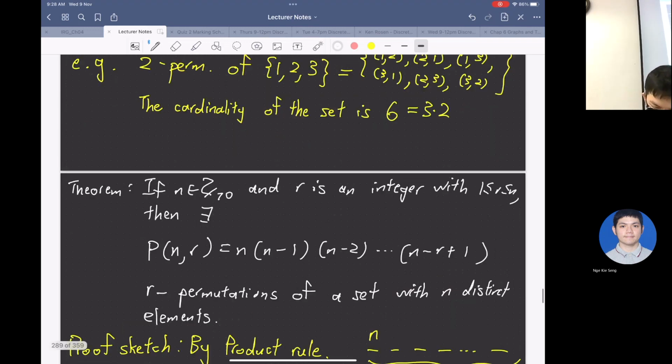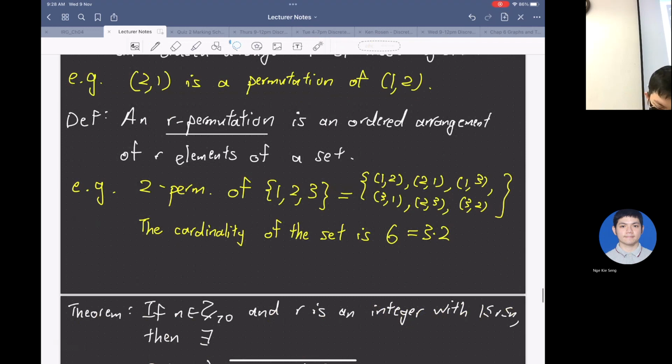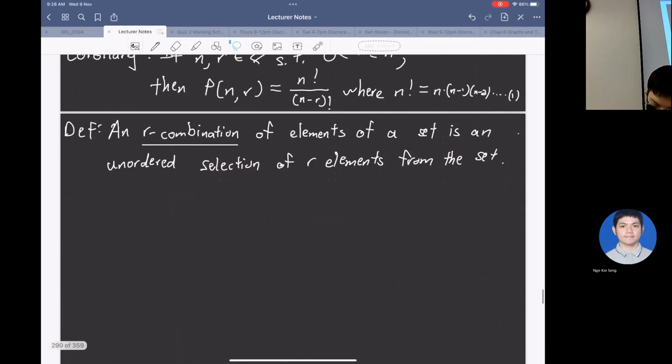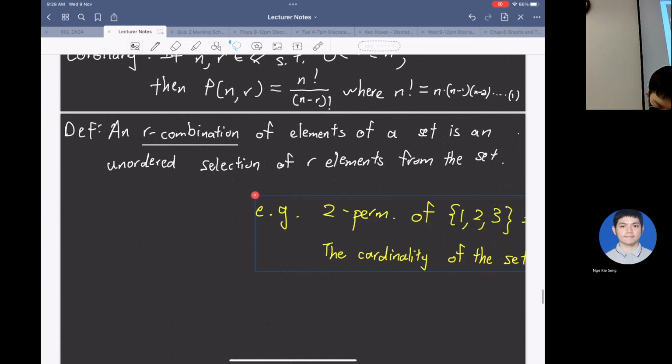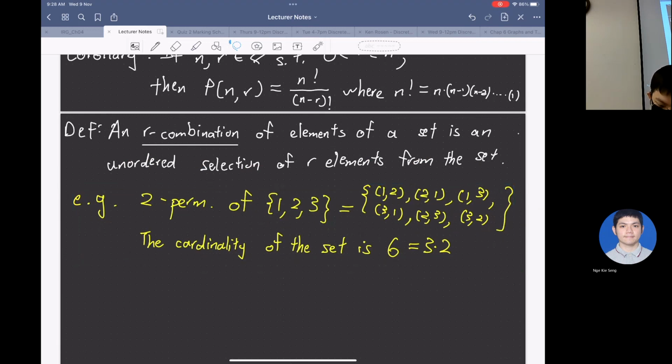Okay, so let's keep the same running example here. Let's change this question to combination.